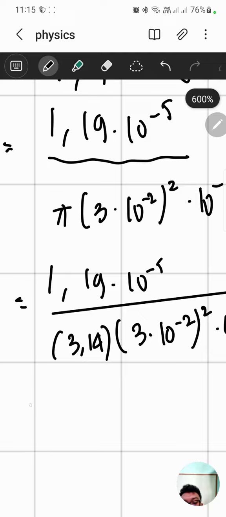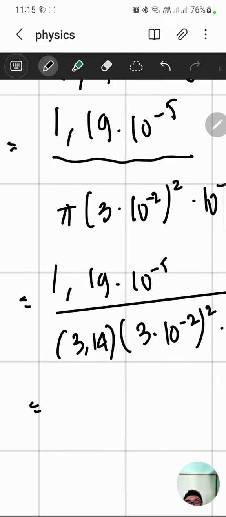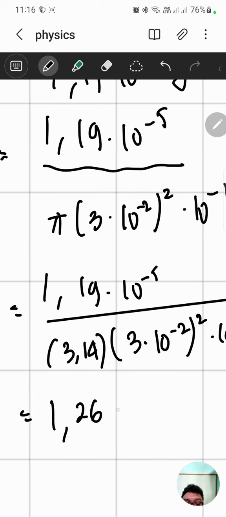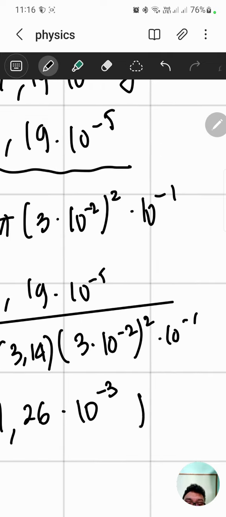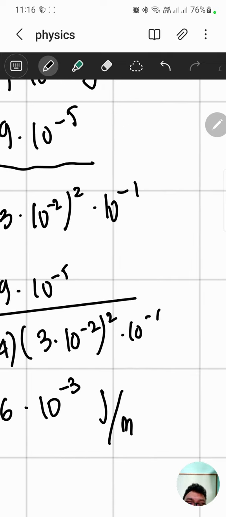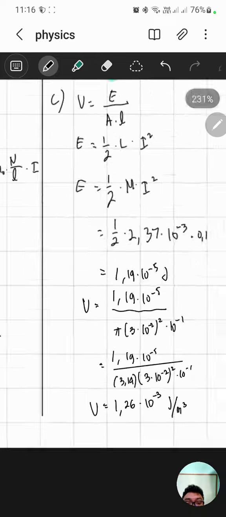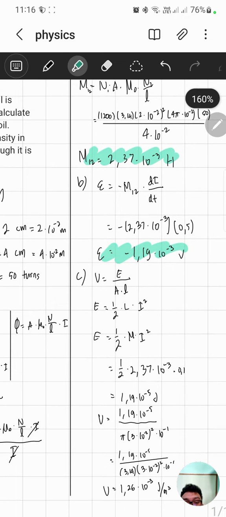So this problem can be solved. The energy density after calculating is 1.26 times 10 to the minus 3 joule per cubic meter. So this is the problem solved.